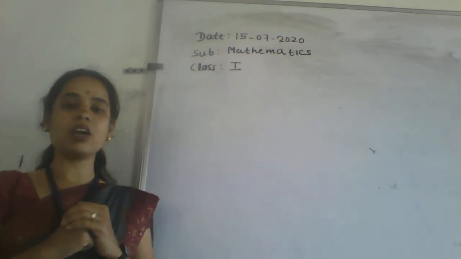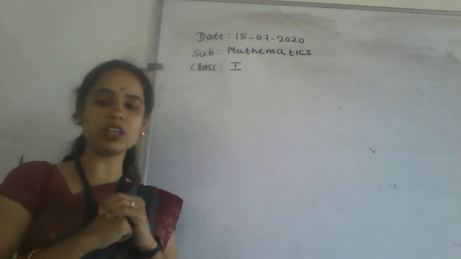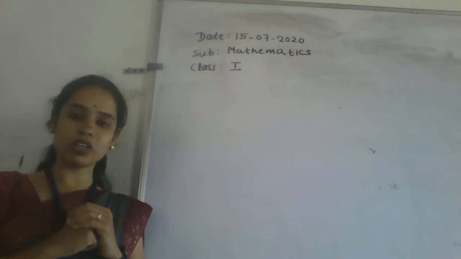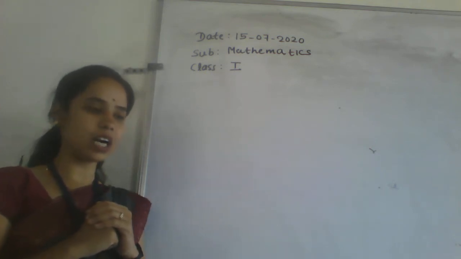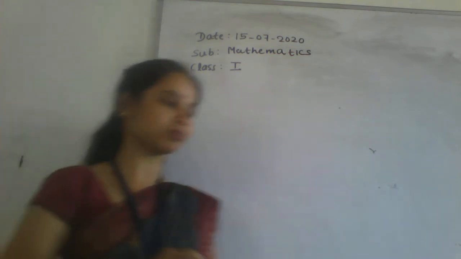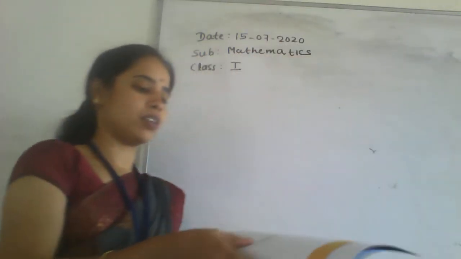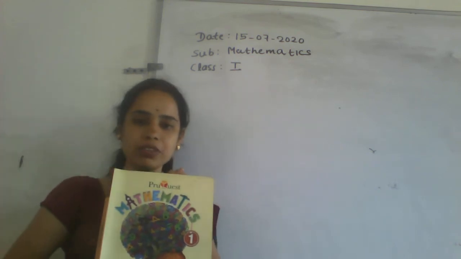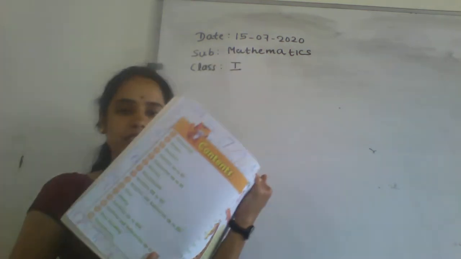Let us see what is included in your syllabus. Take out your textbook, everyone. Start with page number 1. See here, it's your mathematics textbook of class first. Next, turn this page.